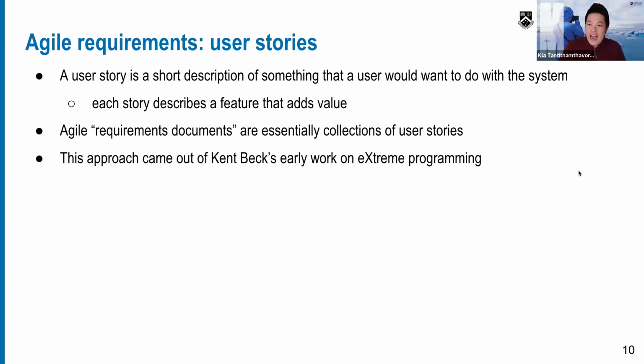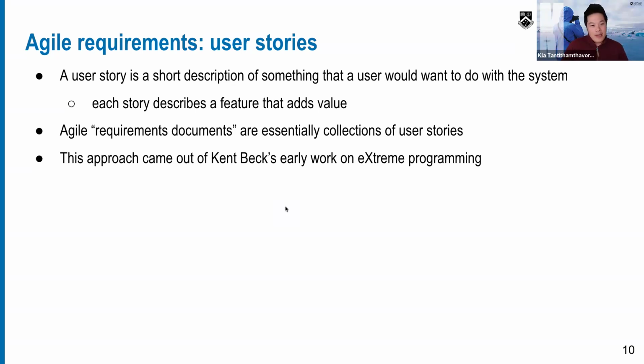There are many ways to write a requirement. I don't want to call it a template or a unified way, but one classic best example to write a requirement is to use a user story.